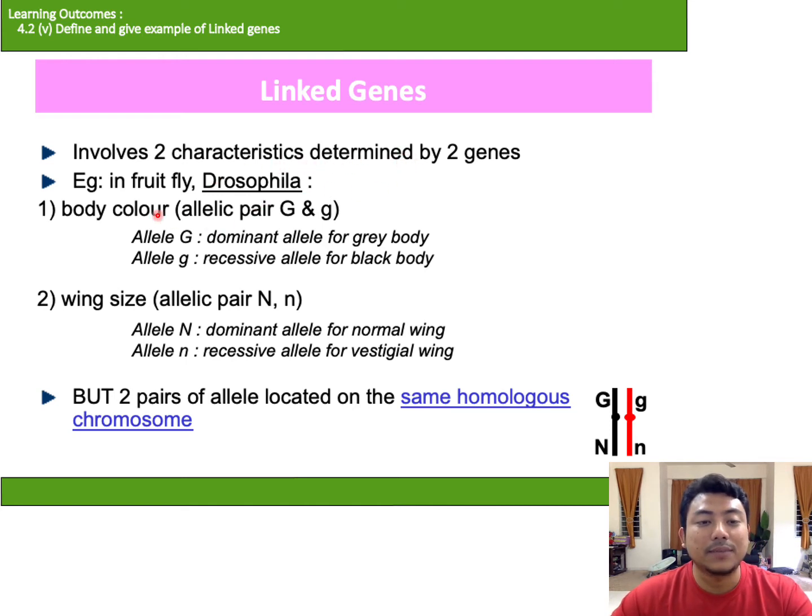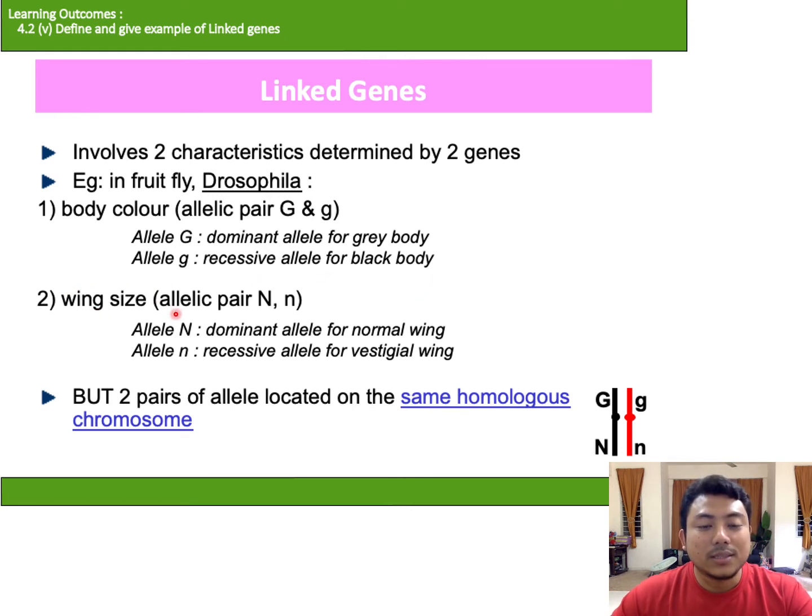For example, in the fruit fly Drosophila melanogaster, we're going to observe body color. The allelic pair is capital G and small g, where capital G is the dominant allele for grey body, and small g is a recessive allele for black body.